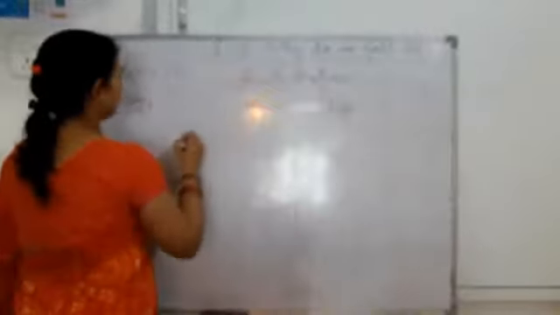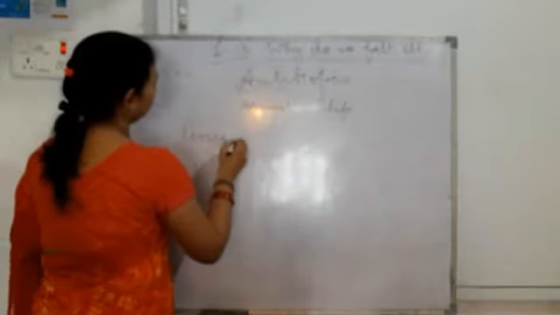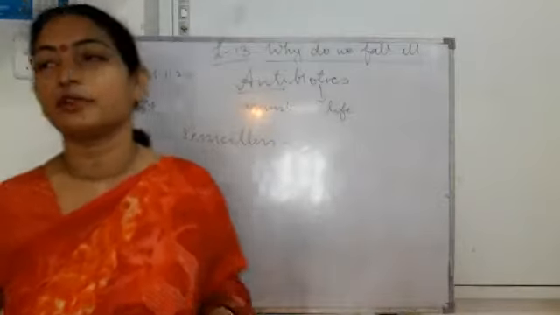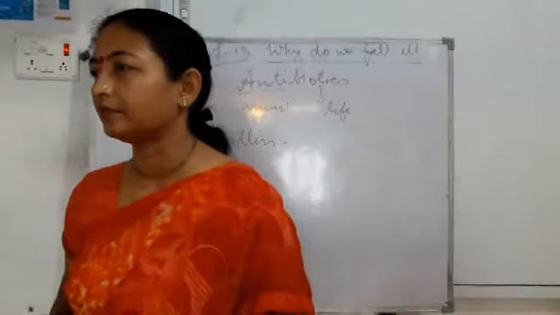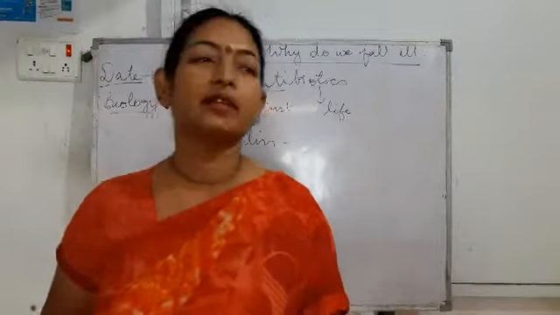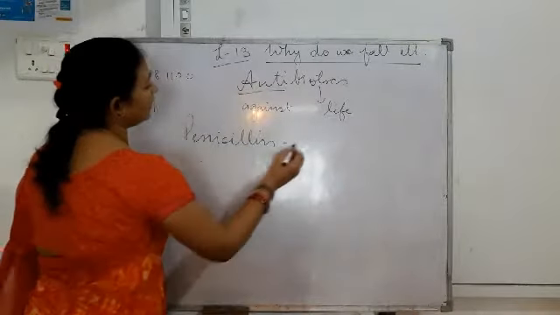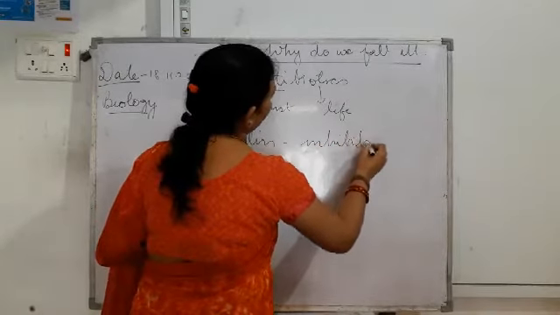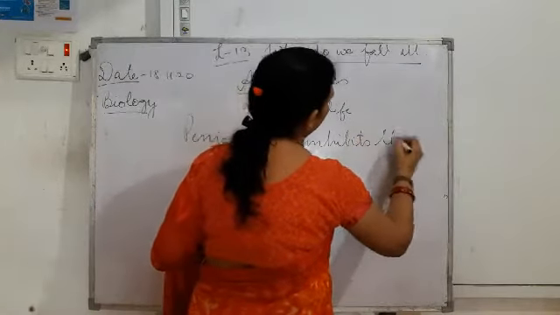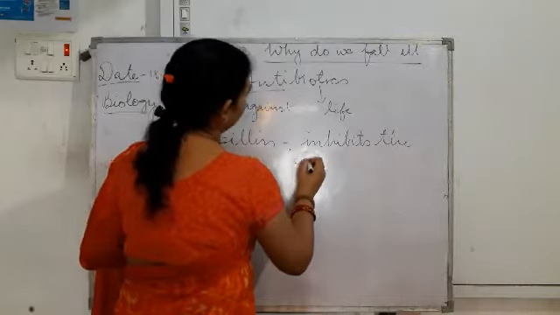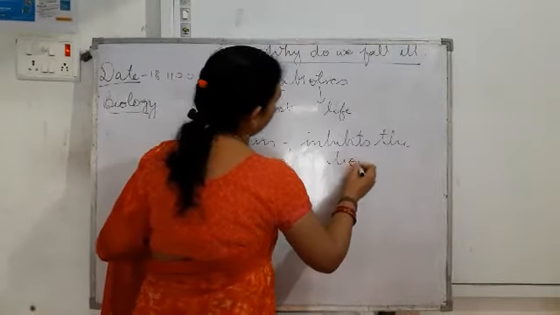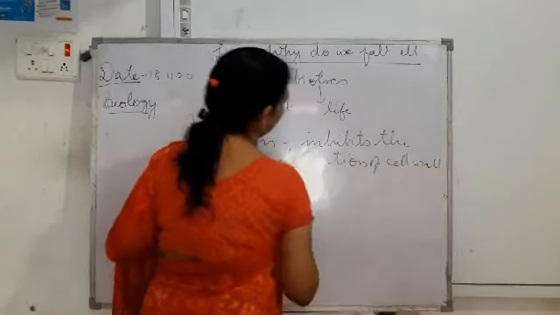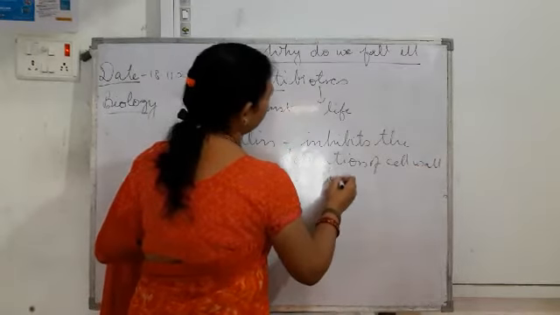Penicillin was first discovered by Alexander Fleming from the fungus Penicillium. What did this penicillin do? It inhibits the formation of cell wall in bacteria.